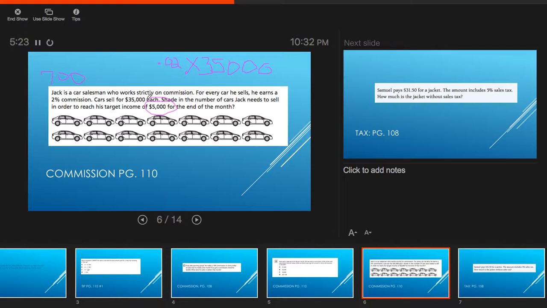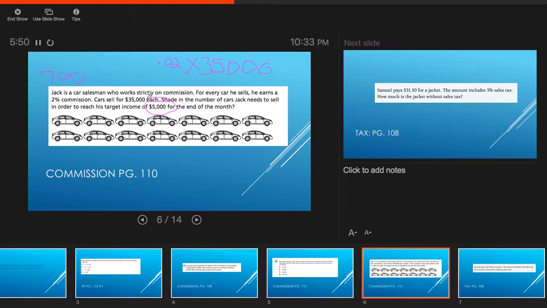Okay, we're at 6 cars now, 4,200 plus 700. He's at 4,900, which is just $100 away at 7 cars. So one more. If we add 700 again, we're going to be over that 5,000 mark. So he has to sell at least 8 cars to get the $5,000.